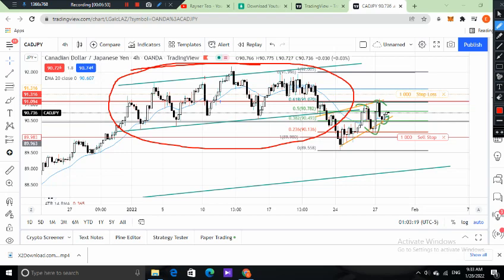But we have this bear breakout under this channel. If you consider the target below this starting point, it hit the target.